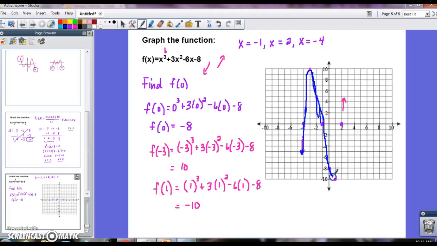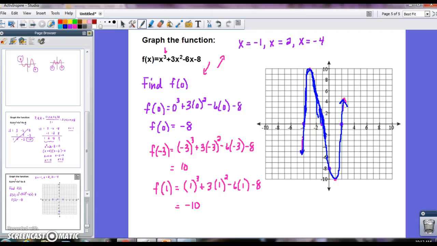Come back down like this, and then I'm going to come back up through that point. That is a sketch, obviously not the best sketch, I don't sketch very well on this little pad, but that's basically the shape of your graph.